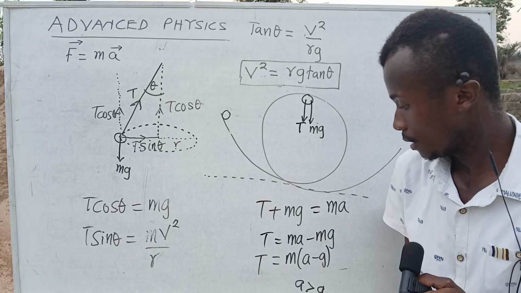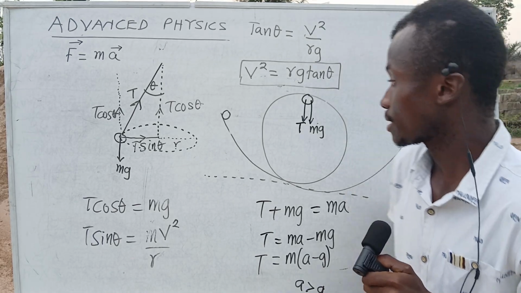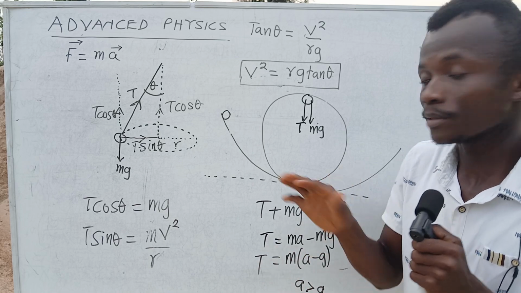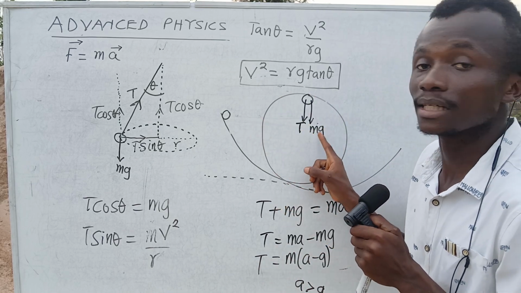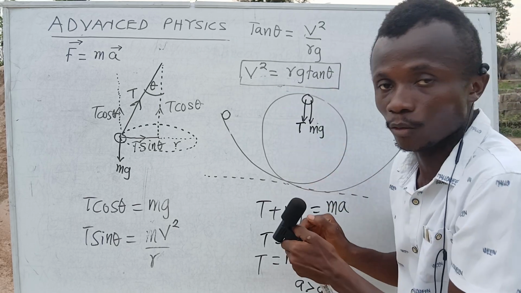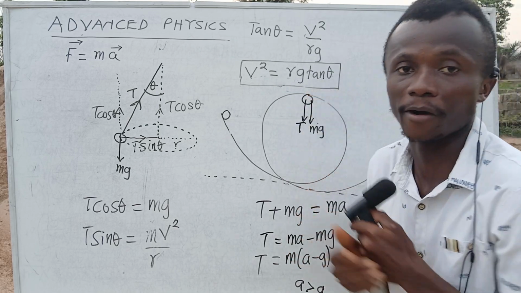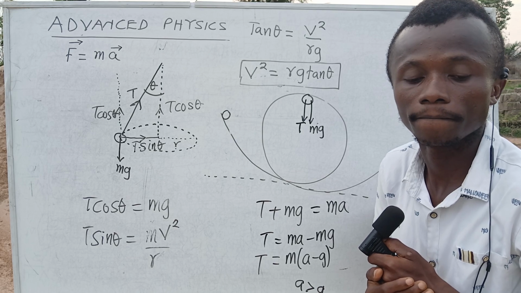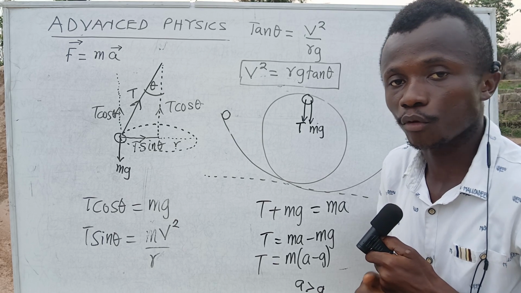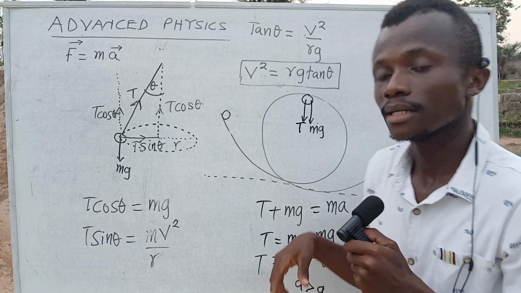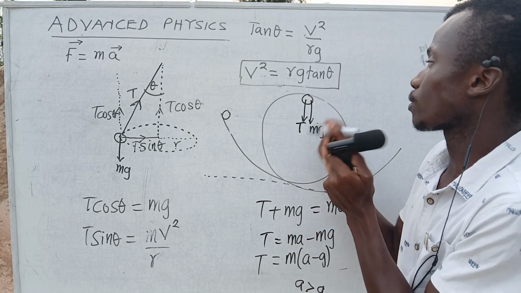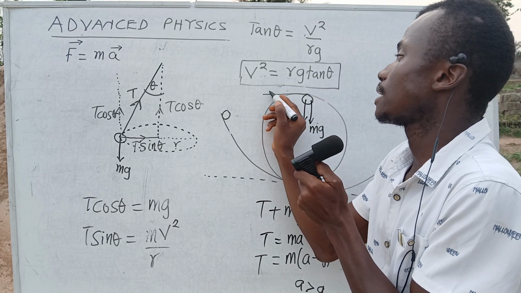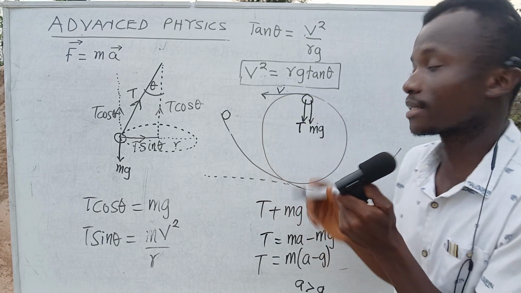Now, the problem arises when the object is able to make the bend. That is to say, T plus mg are both pointed downwards, but the object is not falling to the ground. The solution to this problem lies in the fact that this bob, before it reached this point, has got a tangential velocity to the circle at every point.